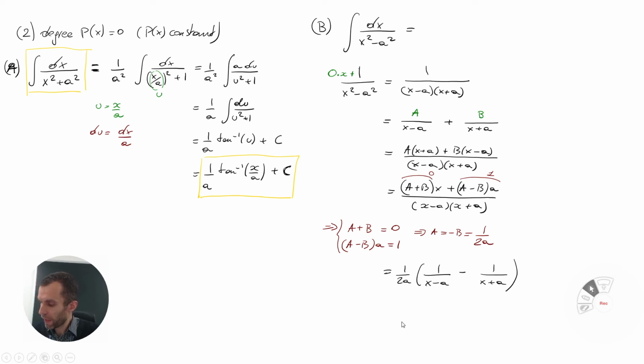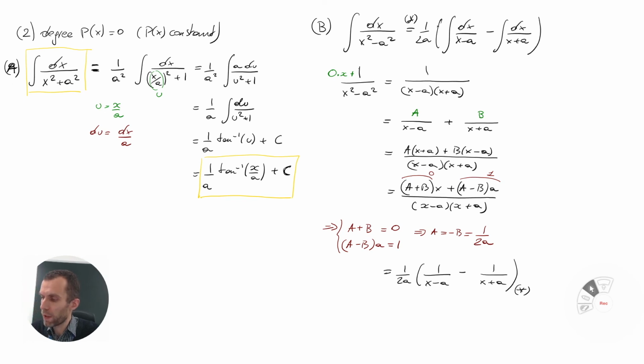And now going back to my original integral, here I can substitute that expansion and I get the integral of 1 over 2a and then dx over x minus a, and actually let me be a bit quicker here, so I can write this as a sum of two integrals: dx over x minus a minus dx over x plus a.